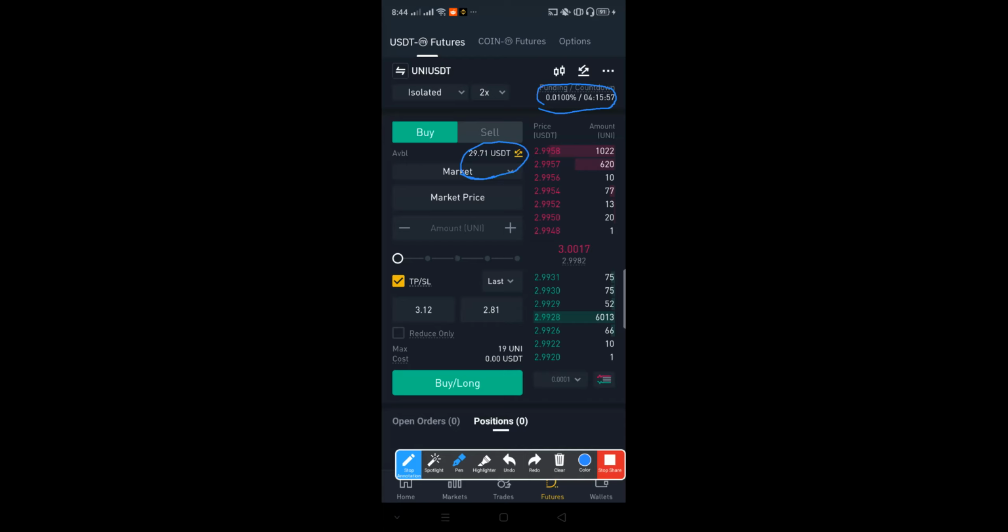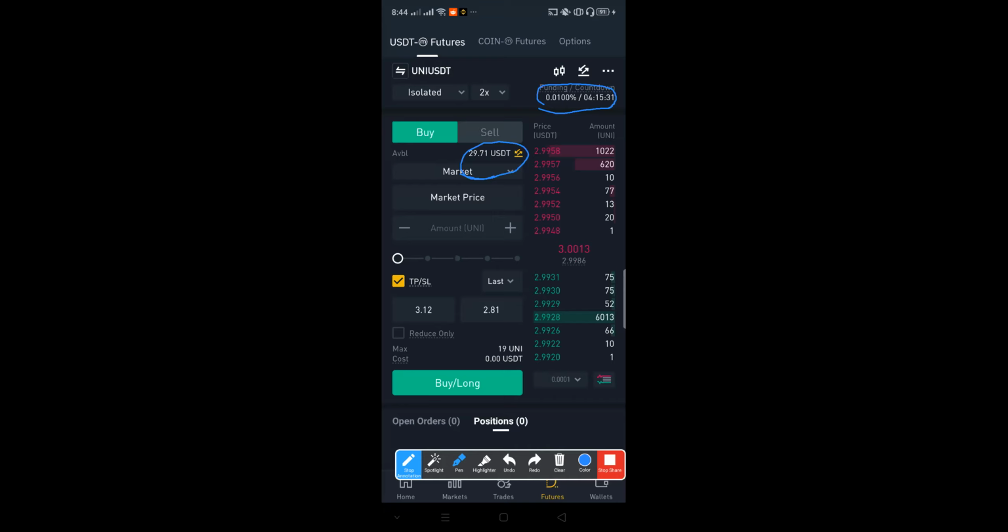But because I'm using a leverage of 2, they are giving me extra, that is double of my money. Now my money is $30. That was why I was able to use that 2.9 to buy 10 uni that I just sold. But the good thing is any profit I'm making on their money, all the profit belongs to me. They are giving me all the profit. That's why they are charging some percentage.